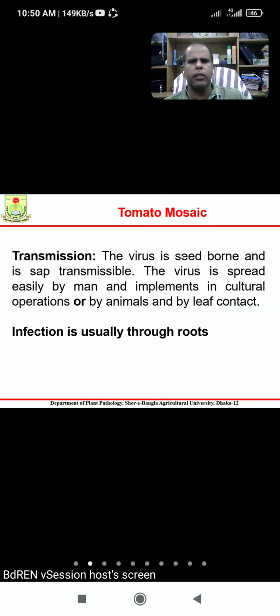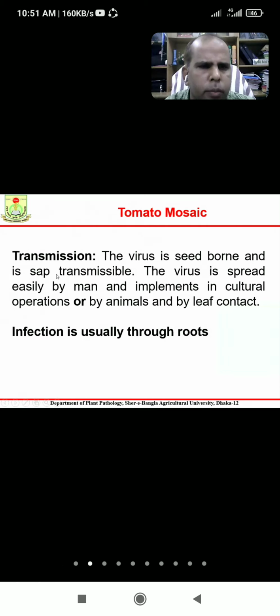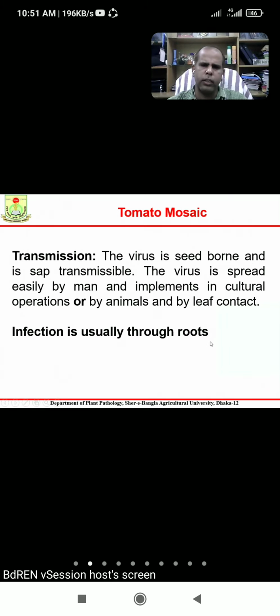This virus is basically transmitted through the seed as well as mechanically, that means plant cell transmission. The virus is spread easily by man, implements in culture operation or animal and leaf contact, and infection is usually through the root. Here is very good information. That is why I include it here in a separate statement with bold: infection is usually through the root.